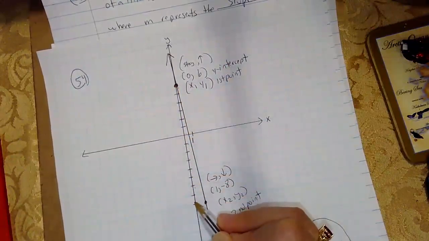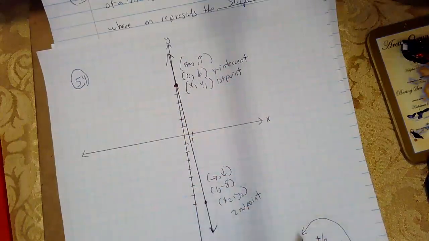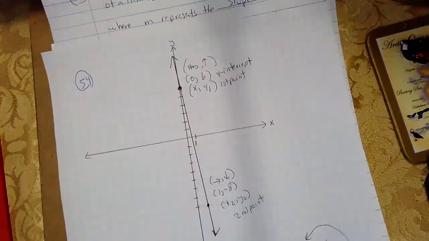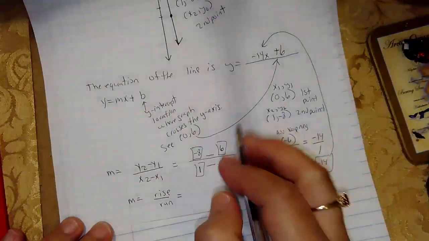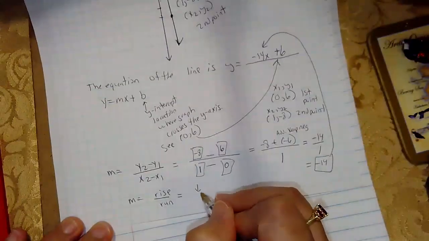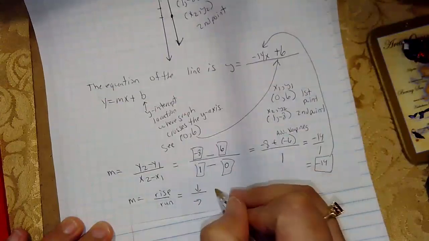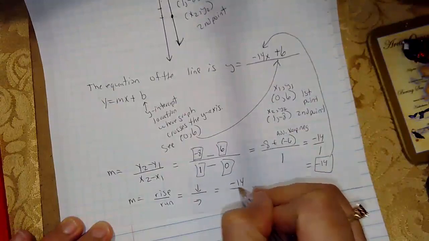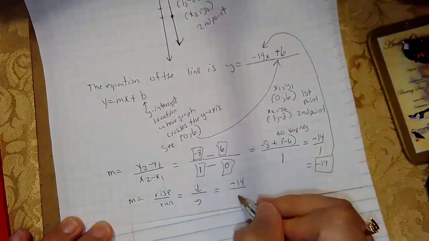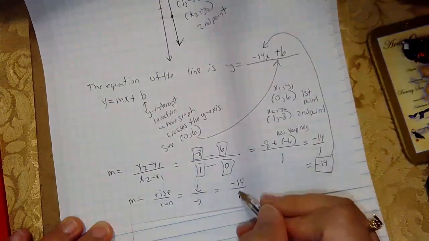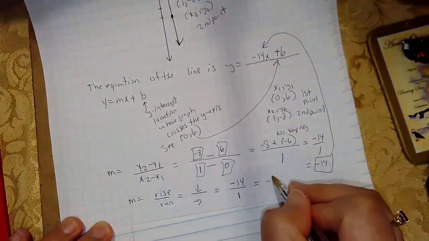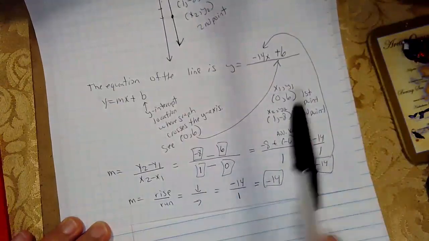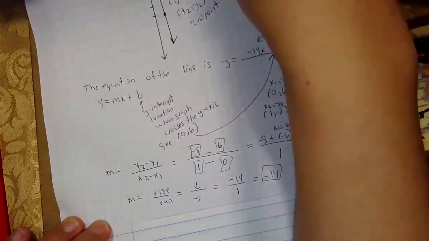We went down 14, and then we went to the right 1. See that? So on the rise over run, we went down, that's a negative because we went down 14, and then we went to the right, that's positive. And you see negative 14 over 1 is negative 14.